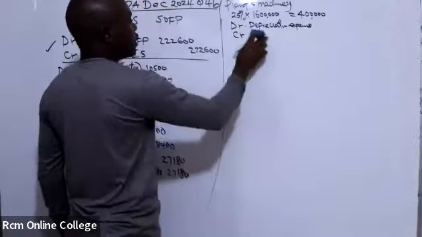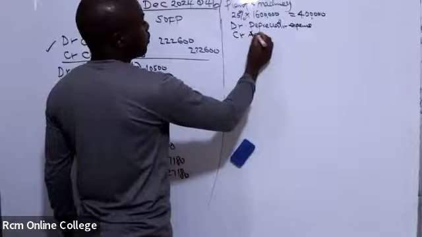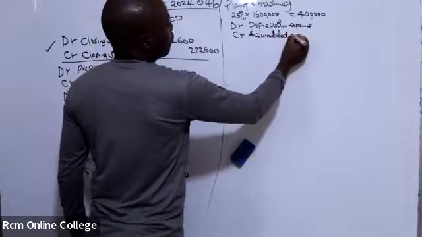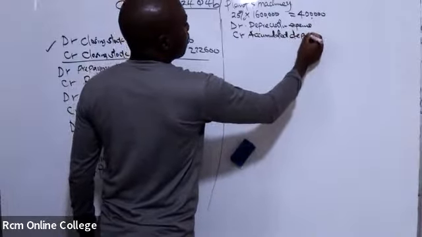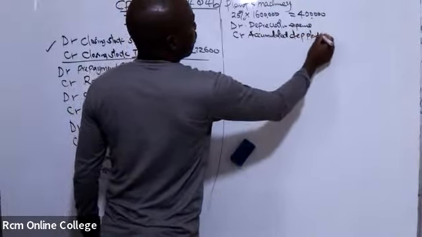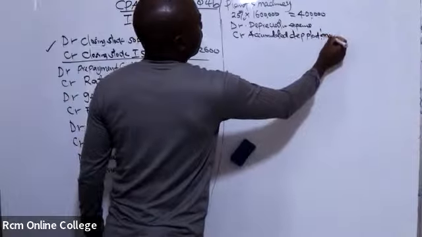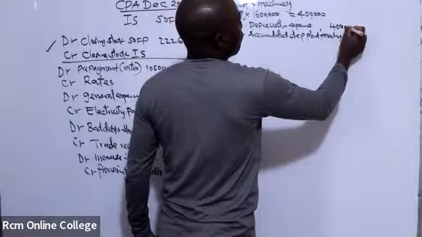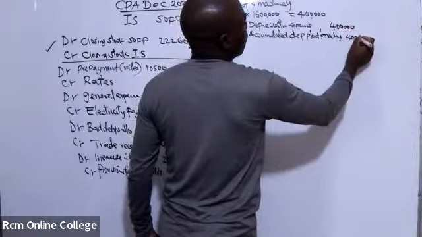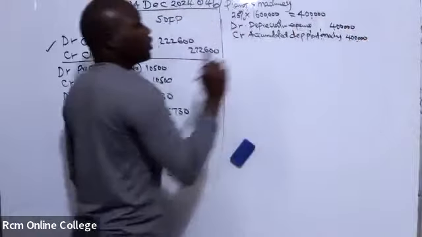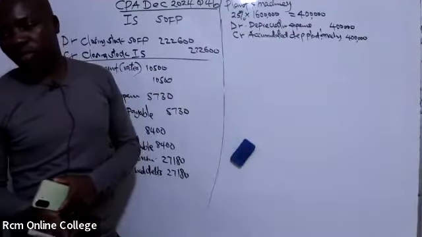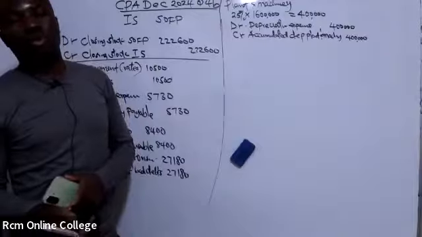In this question, they are calling it accumulated depreciation for plant and machinery with 400,000. So it is the accumulated depreciation that will be affecting our plant and equipment cost.